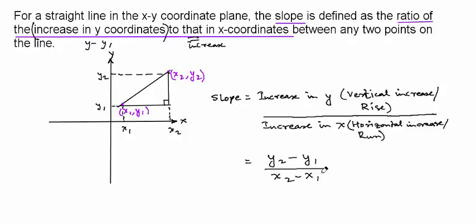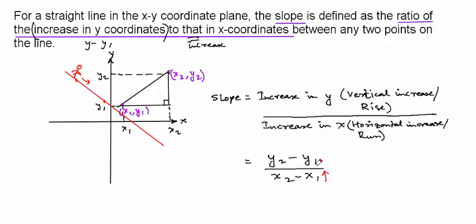A few questions to answer though. What is the slope of a straight line that goes the other way? Like this. Now if you pick any 2 points on the straight line, doesn't matter which 2 points, I'm going to pick this one and let's say this one. And if I imagine this to be a hill and this is where I'm standing going this way, I can see that as x increases, so I'm moving in the positive x direction, the value of y decreases.